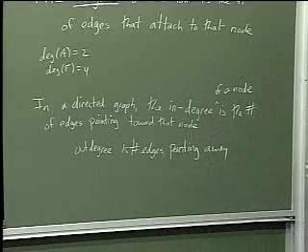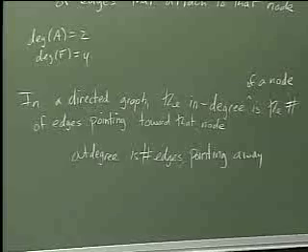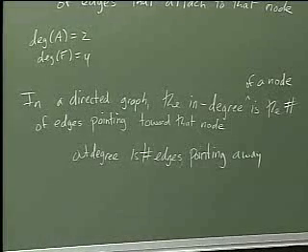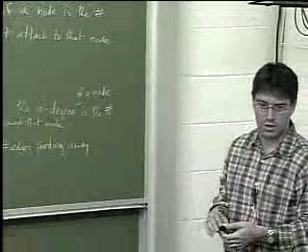Who wants me to draw a picture? I think it's pretty self-explanatory. You can imagine if you have directions on the edges at those nodes, then the ones that point out, that's the out degree. The ones pointing toward or in, that's the in degree.